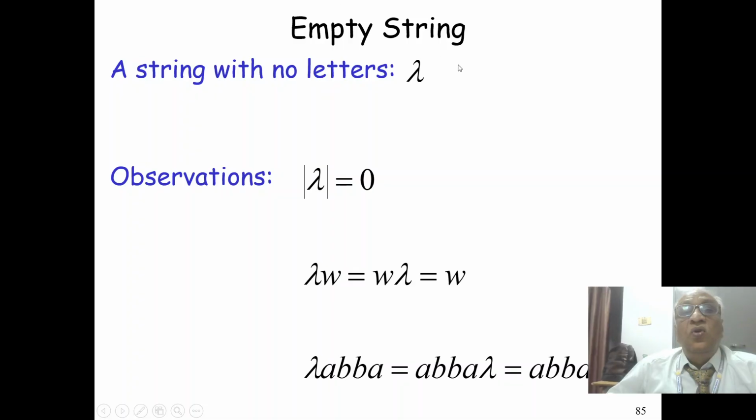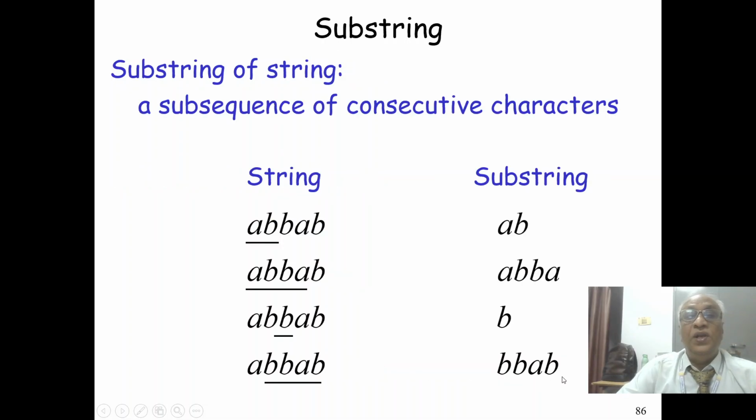A string with no letters is indicated by lambda, and the length of lambda is 0. And lambda and string, the concatenation is same as string and lambda. The output will be the string only. So lambda ABBA lambda is equal to ABBA only.